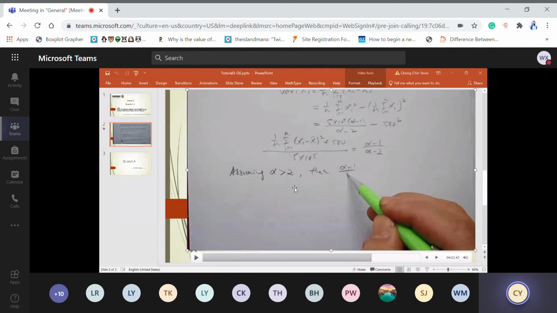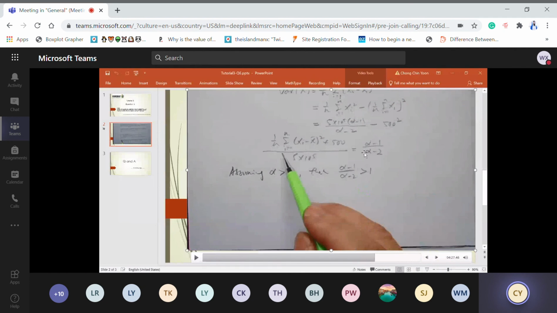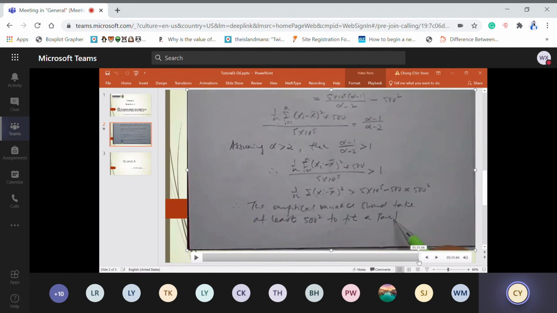So in other words, once your alpha is greater than 2, then this ratio is always greater than 1. Then the whole thing is greater than 1. From there, you can solve the problem, right?